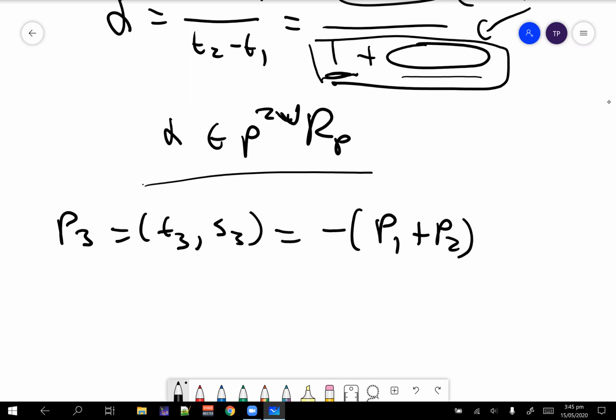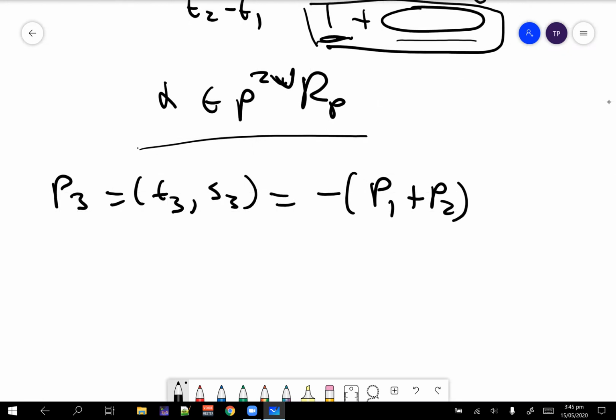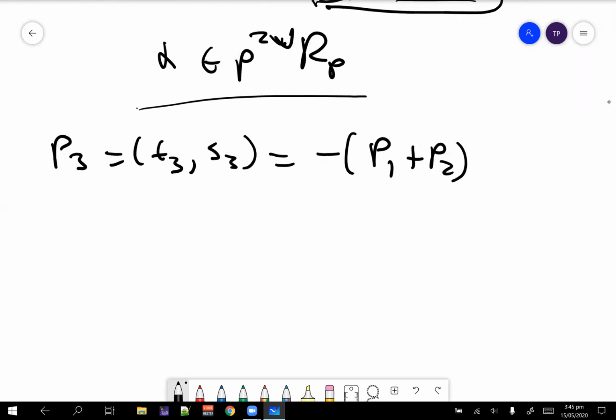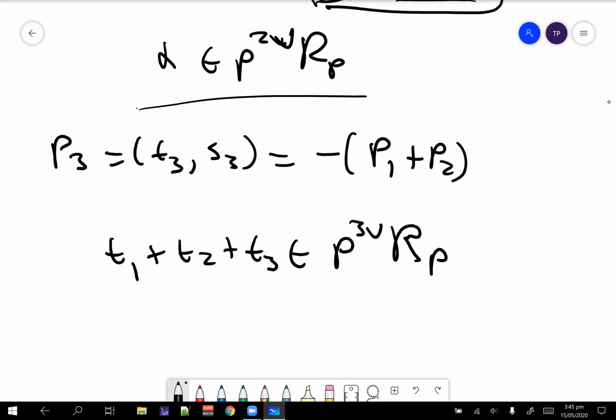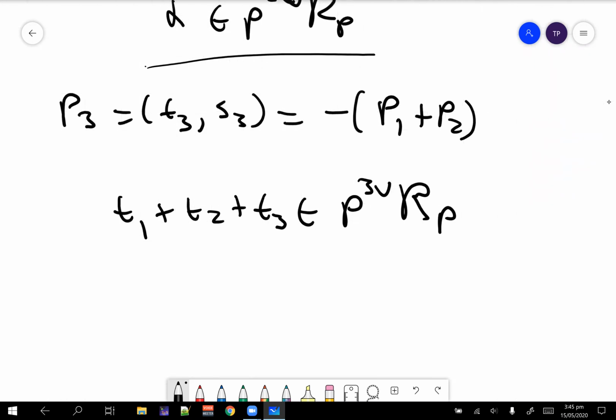P3 is the intersection between L and C, and then if you substitute everything together and hand wave a little more, you would find that we get an equation for T1 plus T2 plus T3, and then that means we can get T. So we'll find that T1 plus T2 plus T3 itself is in this here, and since T1 and T2 are both in P to the V of R_P, that means T3 is in the thing as well.